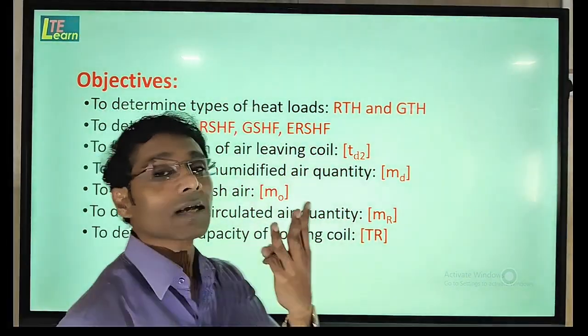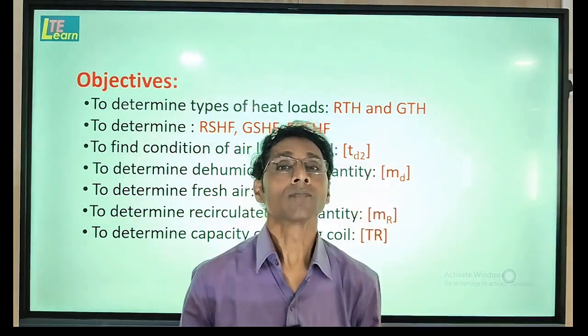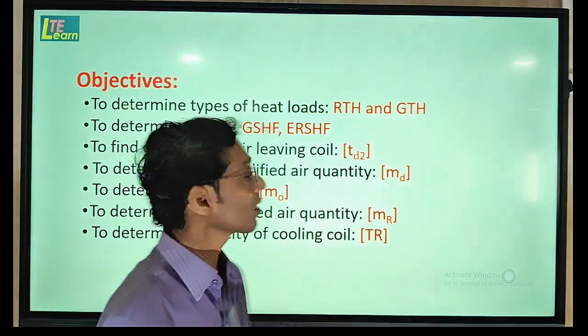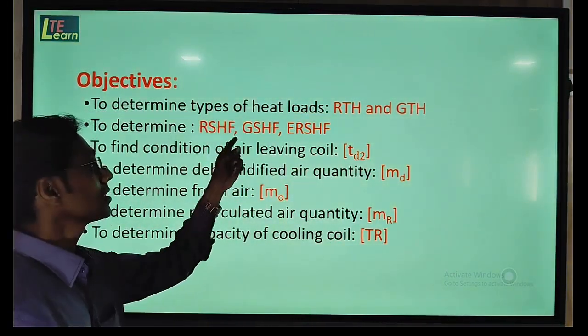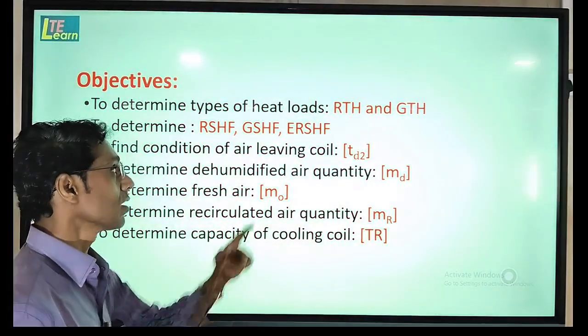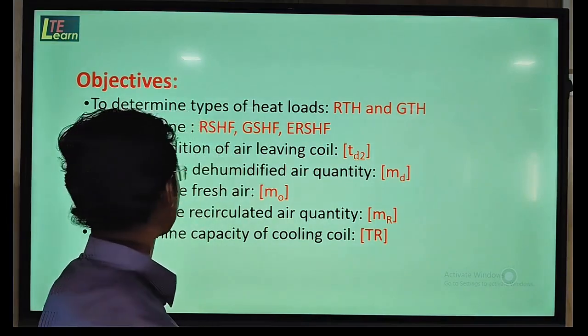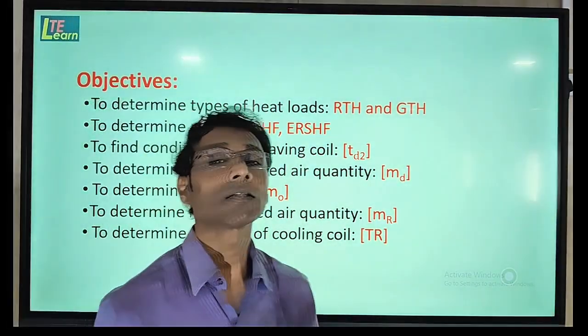Then there are three types of factors which are located on the sensible heat factor scale. So these are RSHF, meaning room sensible heat factor, GSHF, meaning grand sensible heat factor, and ERSHF, meaning effective room sensible heat factor. After that, we get the condition of air leaving the coil.